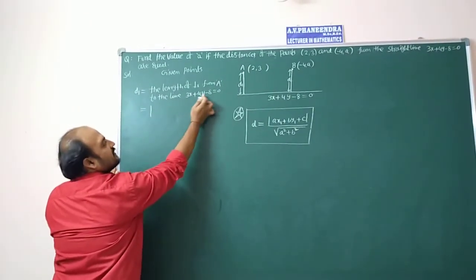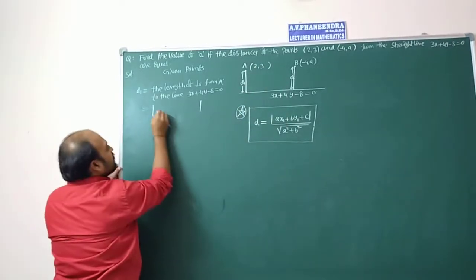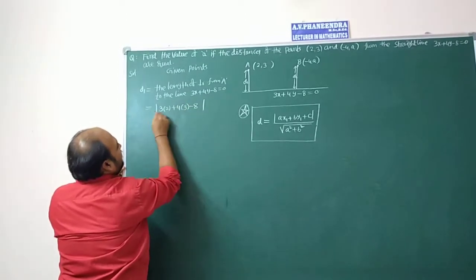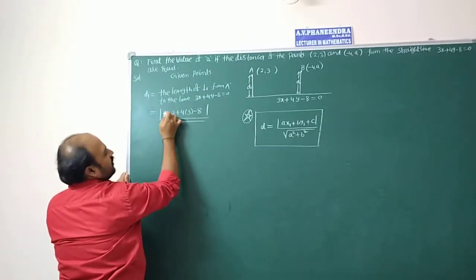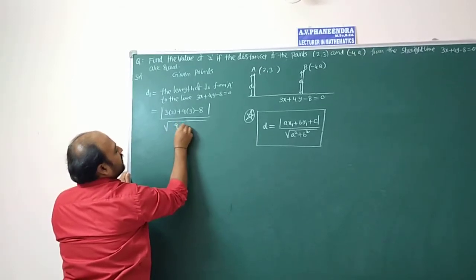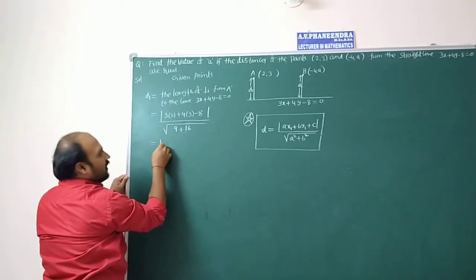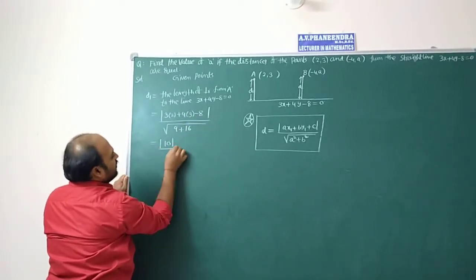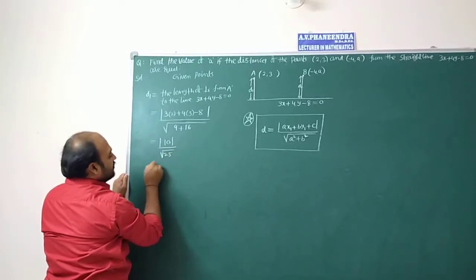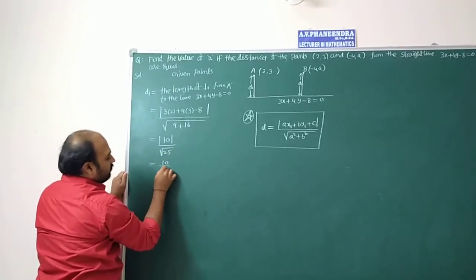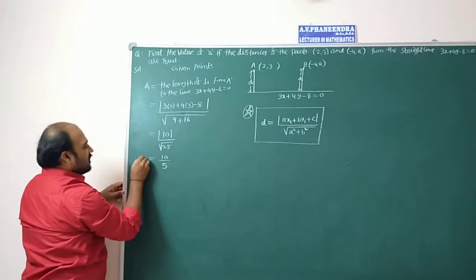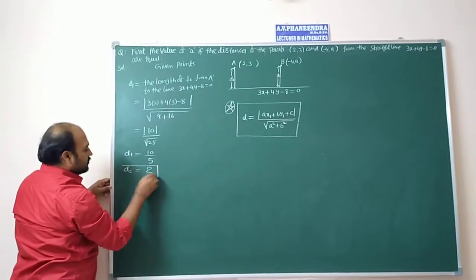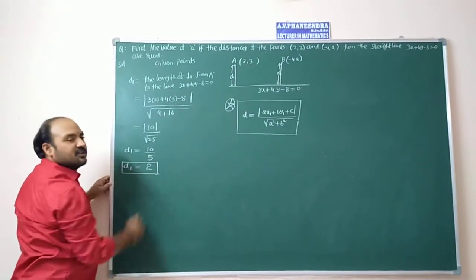Mod, in place of x comma y, the first point 2, 3 substitute. 3 into 2 plus 4 into 3 minus 8 divided by square root of 3 square 9 plus 16, which is equal to mod 6 plus 12, 18. 18 minus 8 is 10 divided by root 25, which is equal to 10 by 5. So d1 is equal to 2 units.